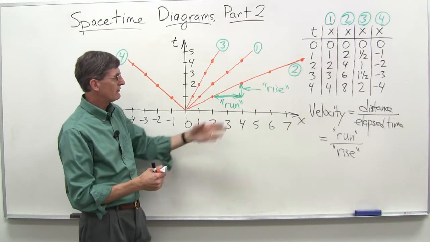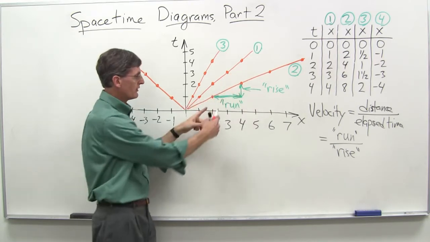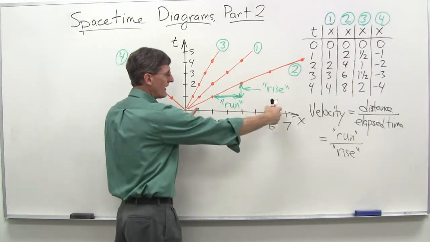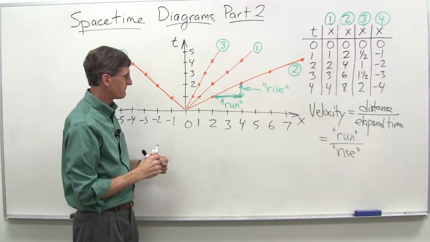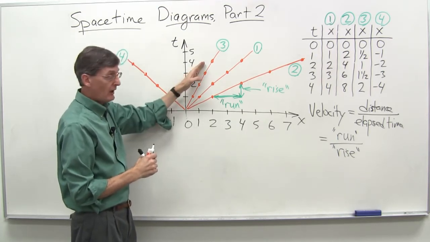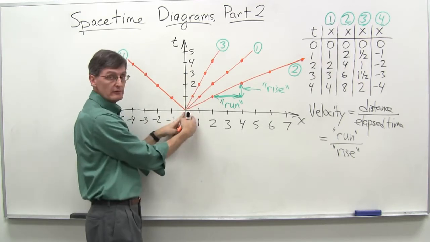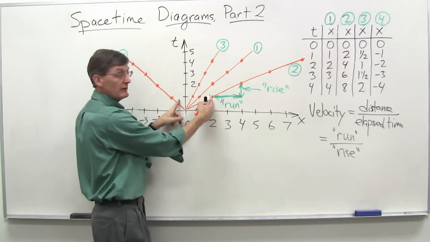So clearly we can see number 2 has a higher velocity because you're getting more run for a given amount of rise. You're covering more ground for each second. And number 3 has the least amount because in 1 second you're only going half a meter, whereas for number 2, in 1 second you're going 2 meters there.